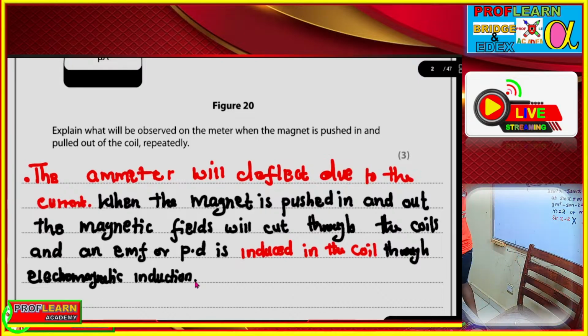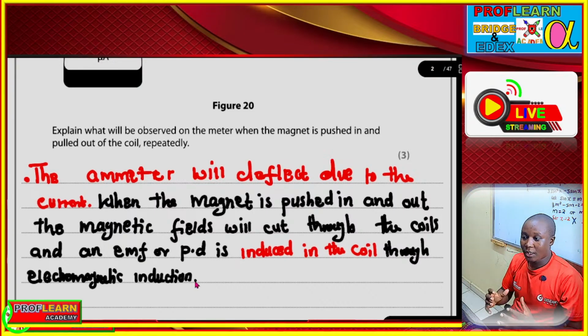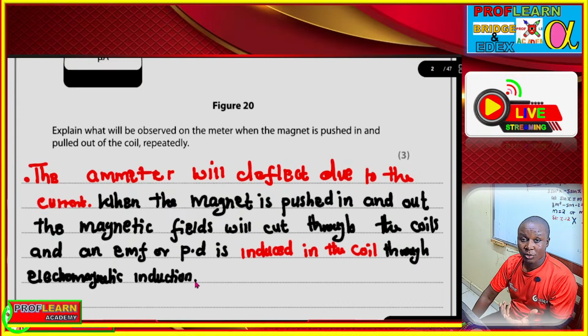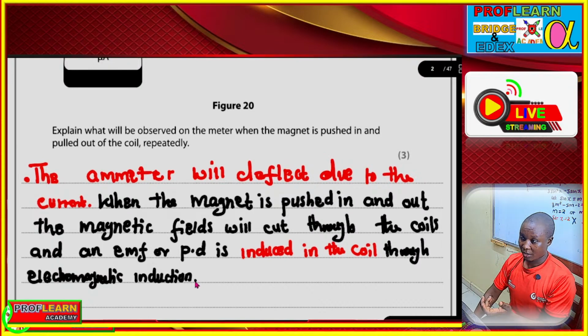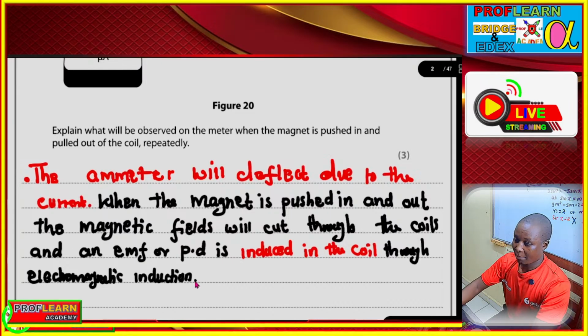And you also need to realize that the direction of the current induced depends on the direction in which the magnet is moving. So when the magnet is moving in, the current will flow in a particular direction, and when the magnet is moving out of the coil, the current is going to flow in the opposite direction.